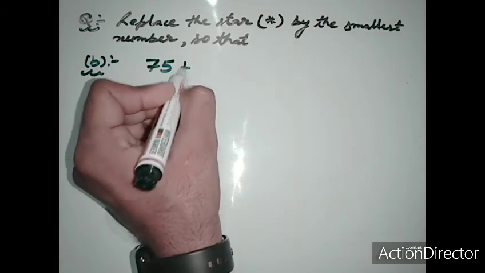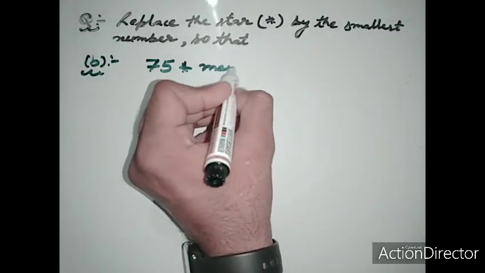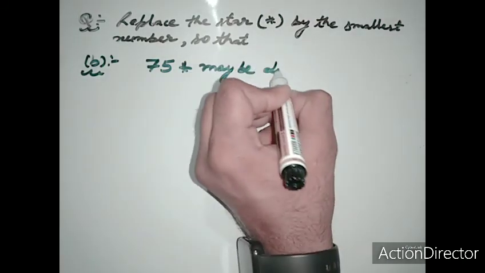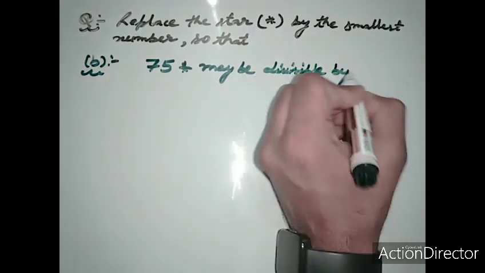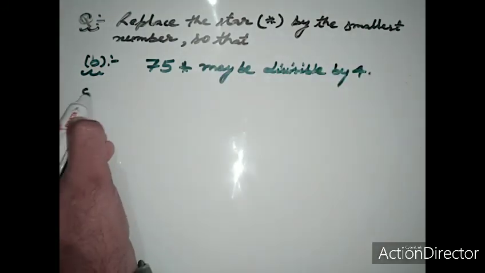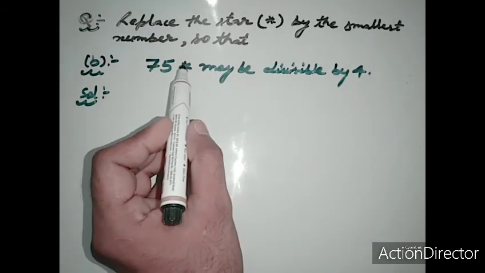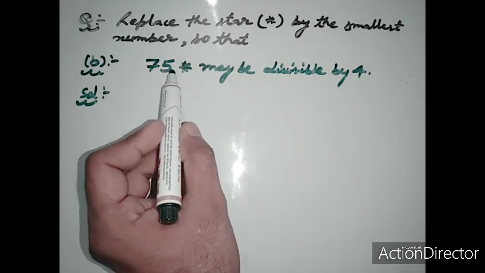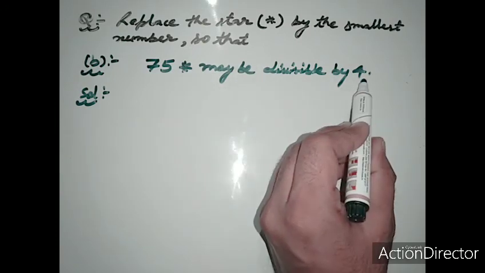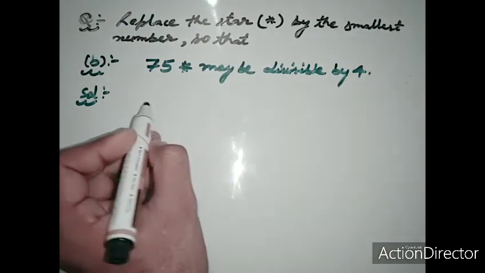757* may be divisible by 4. The number formed by the unit place and tens place digits, if divisible by 4, then the whole number is divisible by 4.